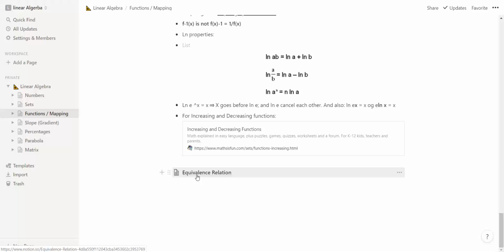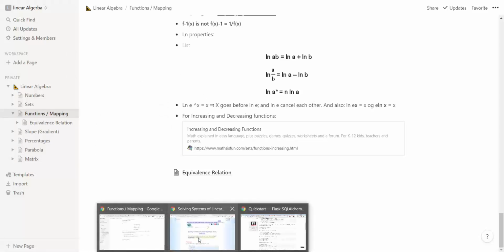Yeah, that is the page we're looking for. Then we have the slope, percentages, parabola, matrix, all the good stuff. Alright, so I guess we just have to stop here for this video.